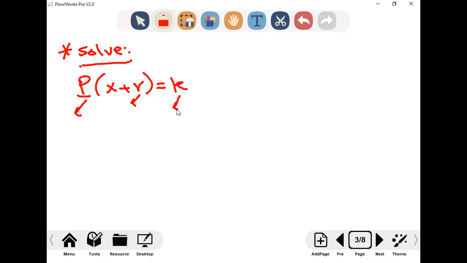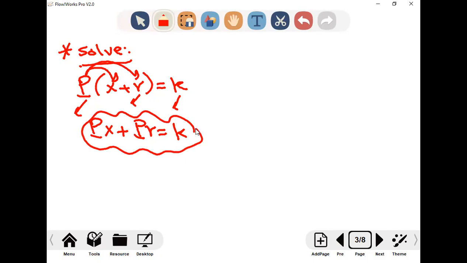The first step was to expand, to distribute the P inside the parentheses by multiplying. P times x is Px plus P times r is PR, equal to k. Then we turn it into the two-step equation we took a few minutes ago. We shift and multiply or divide. So first you get rid of the parentheses, then do the normal steps.